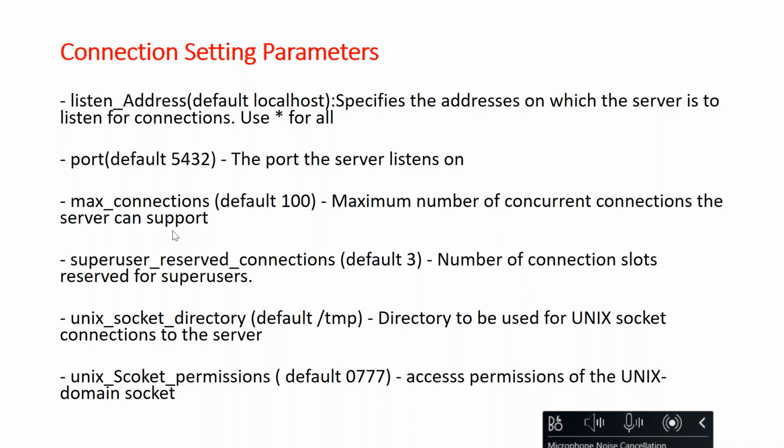Okay, so there is a Unix socket directory, the directory used for all such kind of information, /tmp. That would be the default directory where the temporary information would be put. This is the permission for that particular directory. That's not that important. For us, the important one is the maximum connections.